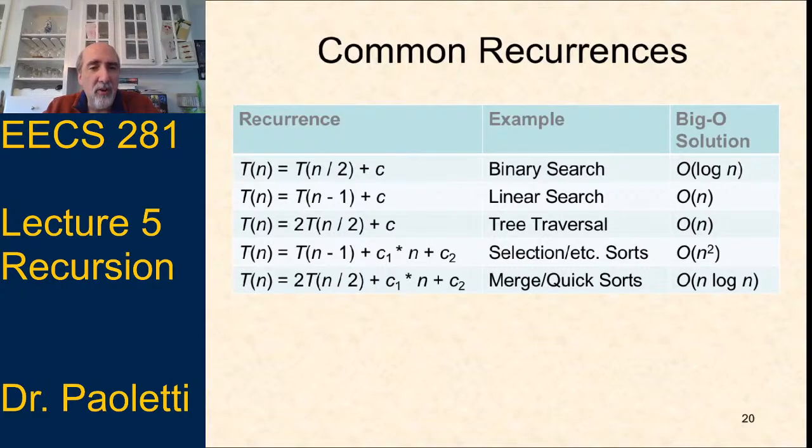So we've got this recurrence relationship: T of n is equal to T of n over 2 plus c. A common example of that is binary search, and it comes out being log n. T of n equals T of n minus 1 plus a constant is an example of linear search. If I've got n items and I'm looking for a value, if I don't find it in this location, well, I used to have n places to look.